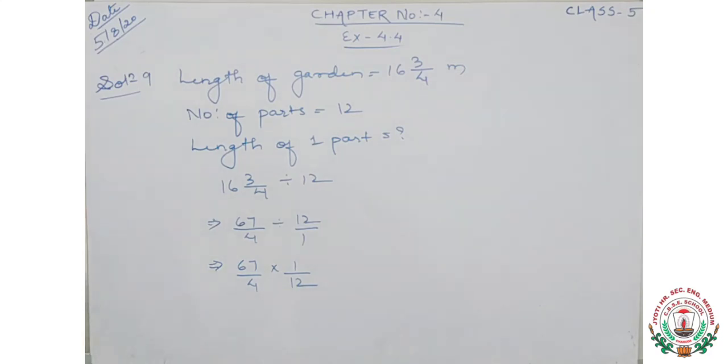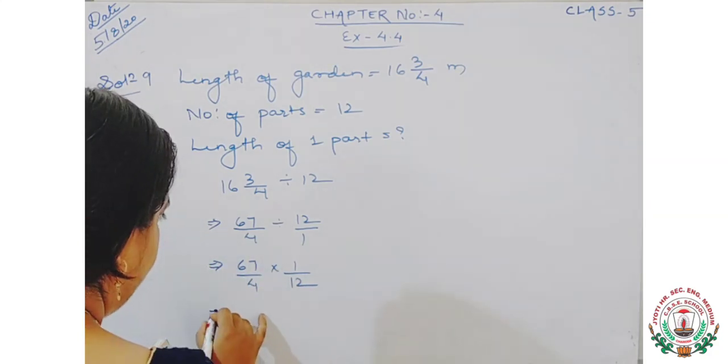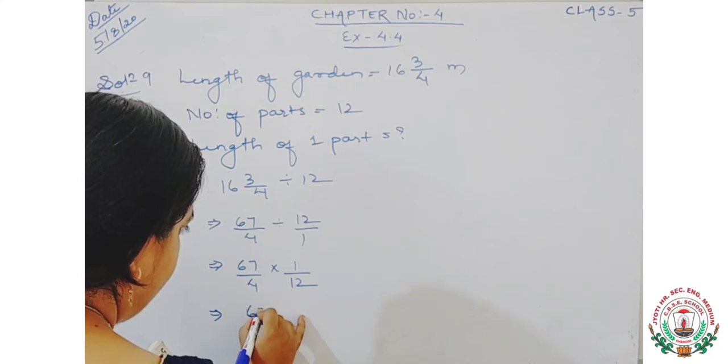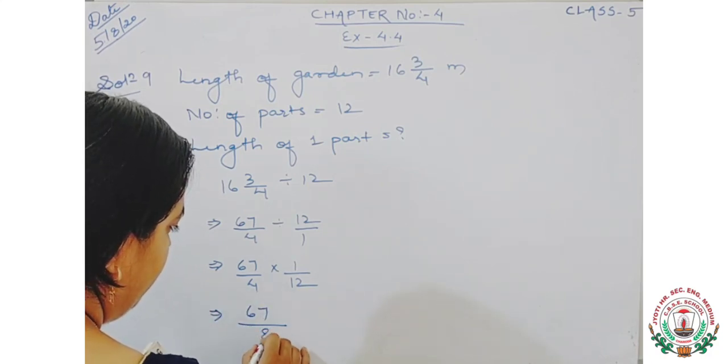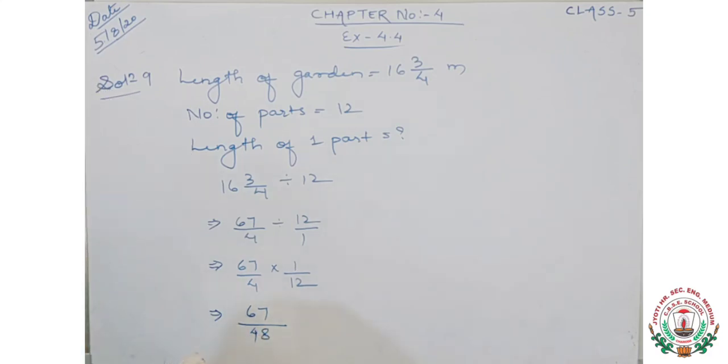So whether we can divide this, it can be cancelled out. We will just find. Okay. We can't cancel this. Okay. So we will just multiply this. 67 into 1 is 67 upon 12 into 4 is 48.